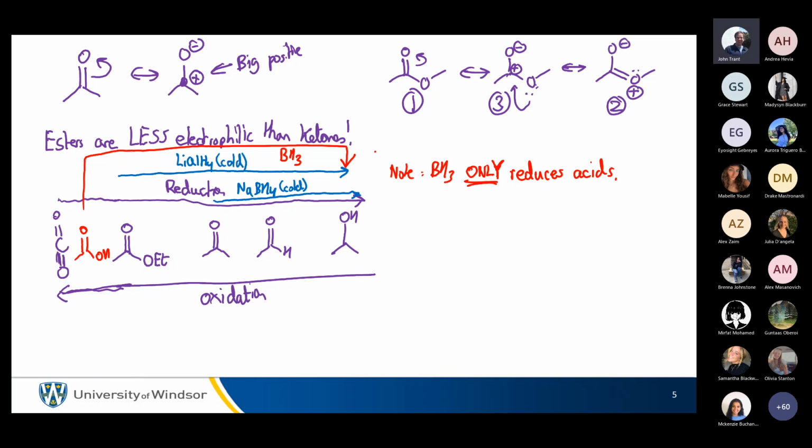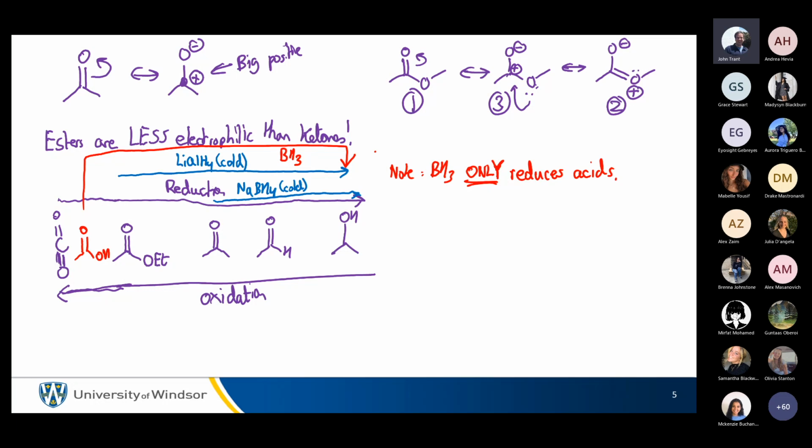And the borane will take us from the acid down to the alcohol. So we've got kind of the reducing side. So we can go down, we can go to the right. How do we go to the left? In these cases, what we've been doing is adding H minus effectively to the carbon and breaking bonds to oxygen. If we want to go to the left, we're going to need to add oxygen to the carbon, and we're going to need to break bonds to hydrogen.